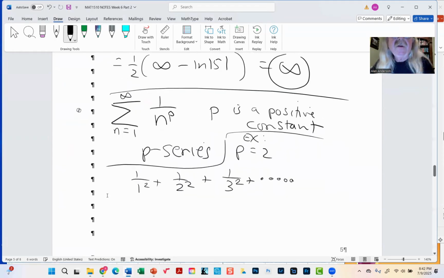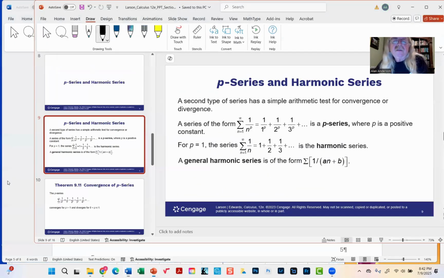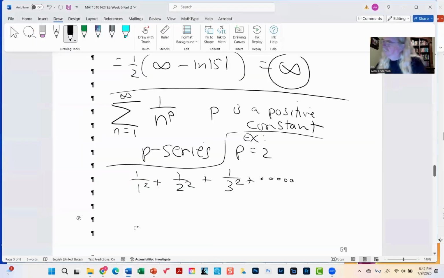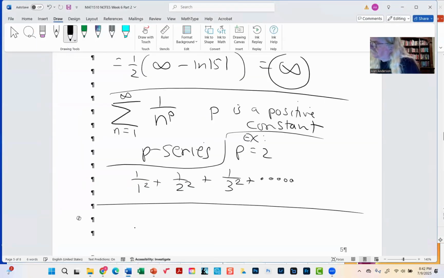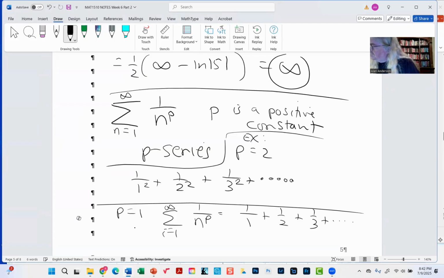Now, in the specific case where p equals 1, you'll have 1 over 1 plus 1/2 plus a third, because you're raising each one to the first power.